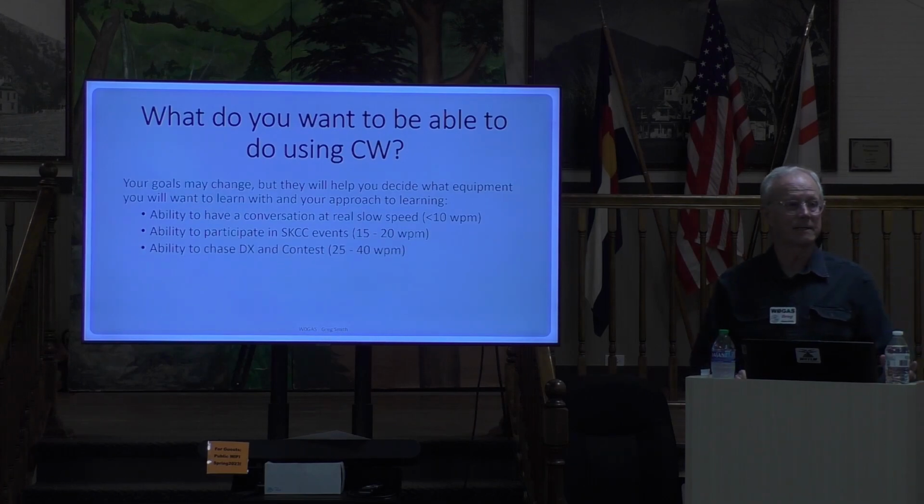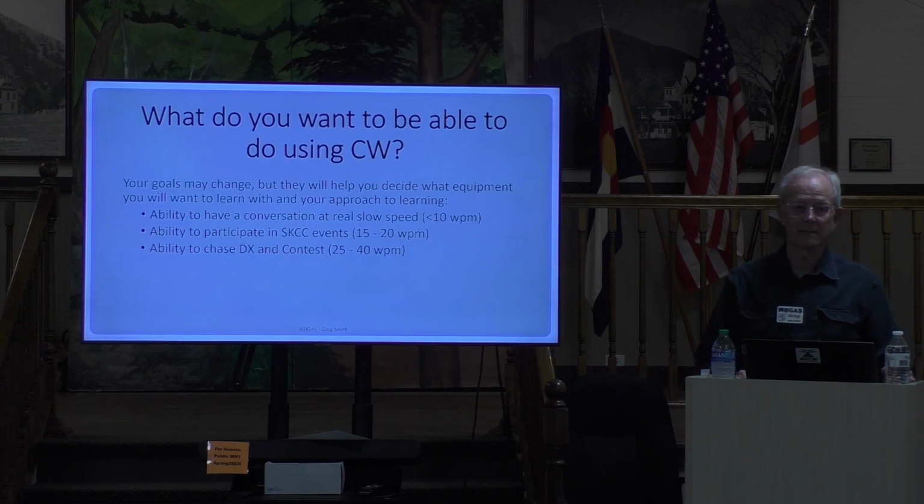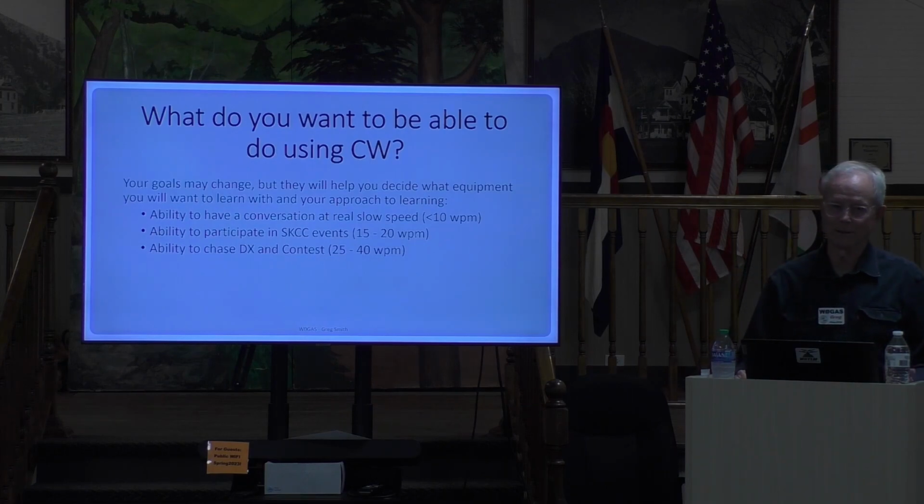Maybe you want to chase DX or operate contests. Now, to do that, you've got to be a little bit faster because the DX stations, while they will work you, it's harder to get your call sign across if you're sending really slow. They want to hear it come buzzing by at 30 or 40 words a minute so that they can get back to you, work you, and move on to the next station.